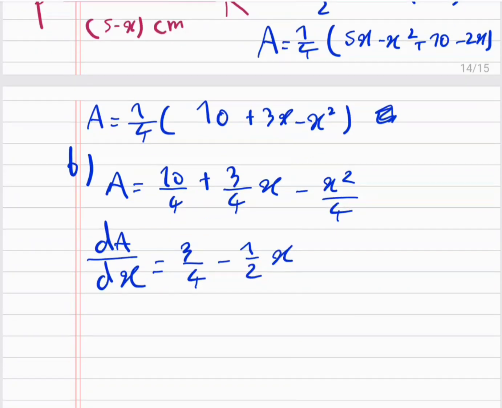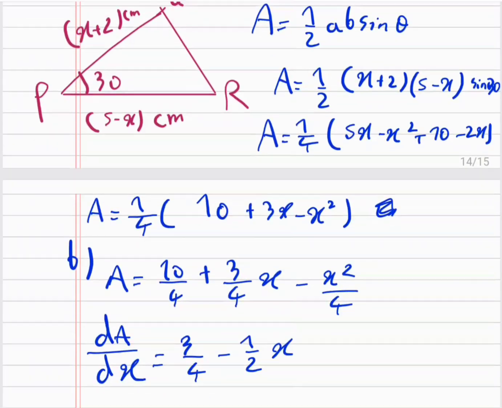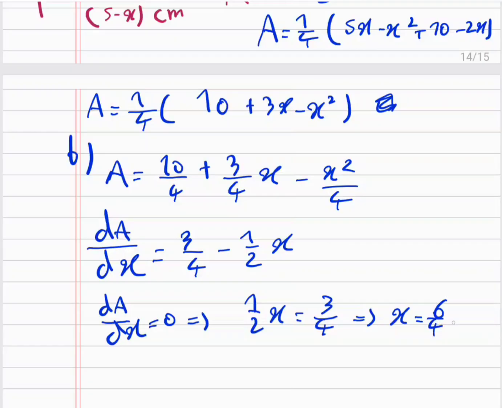Now we set this equal to 0 because we want to find the maximum. That means half x is equal to 3 over 4. We rearrange this and we get x equals 6 over 4, or simply 3 over 2.